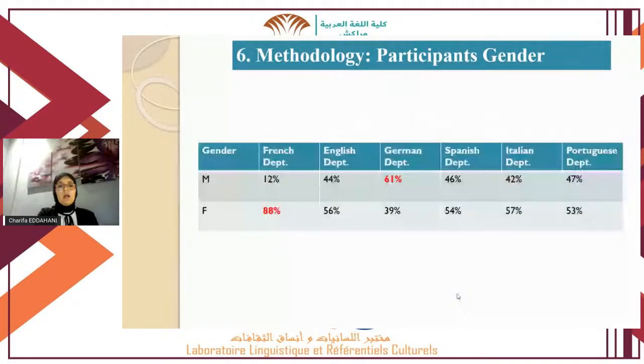As regarding the gender of the participants, the majority were female, except for the German department, where we can see that there is 61% of male. It is the only department where we have this majority of male compared to female.